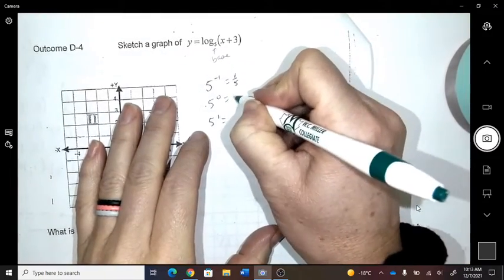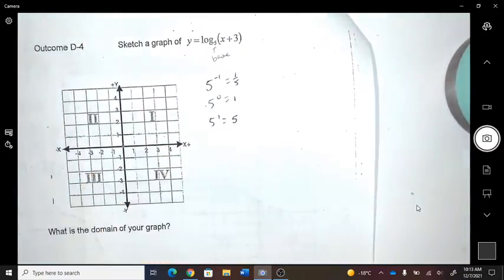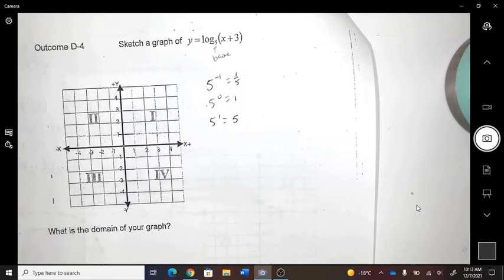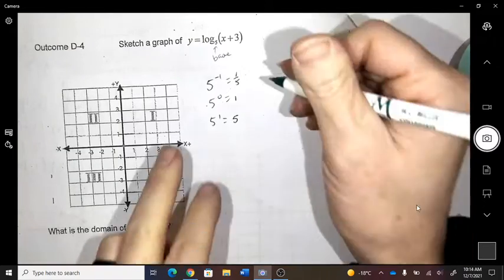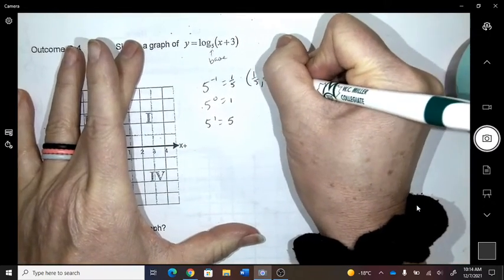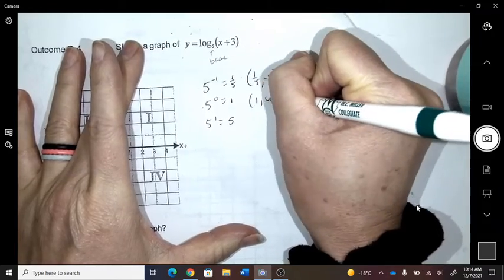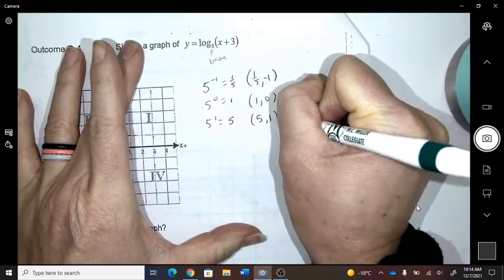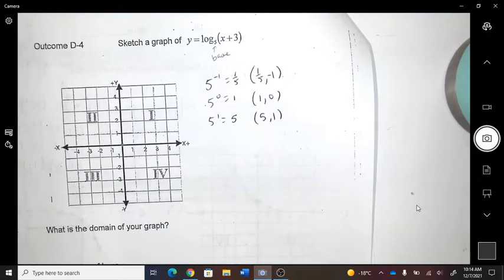So 1/5, 1, and 5. But this time, what's different about my coordinate? My coordinate is output, comma, input. It just gets switched around in that order.